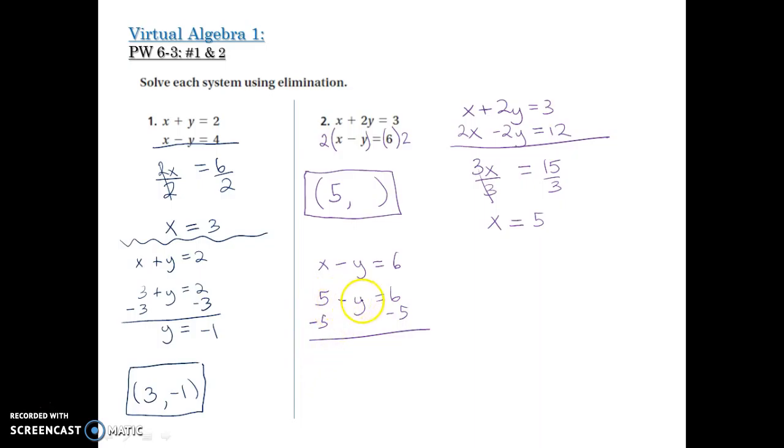And then 0 minus y is just negative y. And then 6 minus 5 is 1. And then I have negative y equals 1. So if I divide both sides by negative 1, I get positive y equals 1 divided by negative 1 is negative 1. So my solution there is 5 and negative 1.